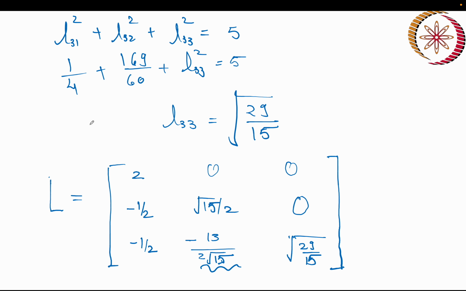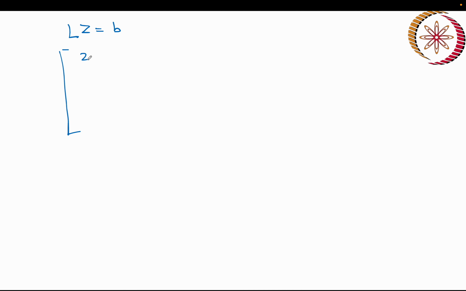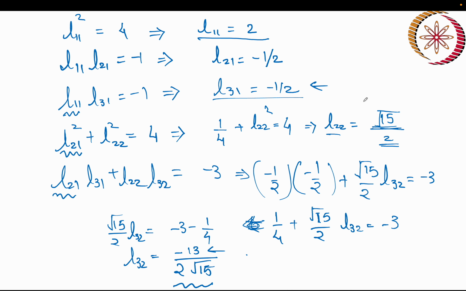So L, if we write, it is 2 0 0, and we'll just say this is z: z1 z2 z3 is equal to b.